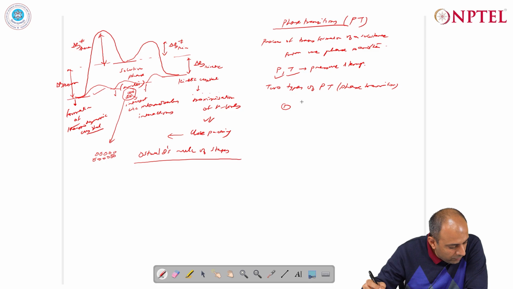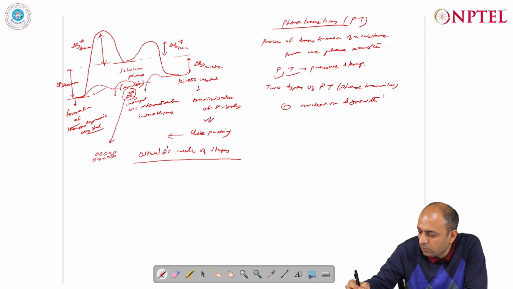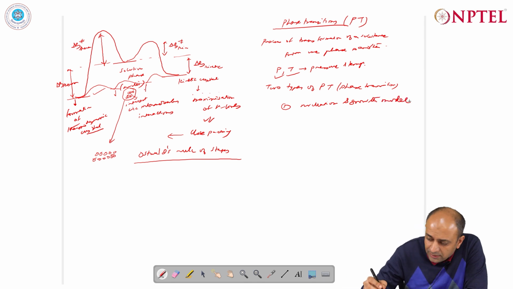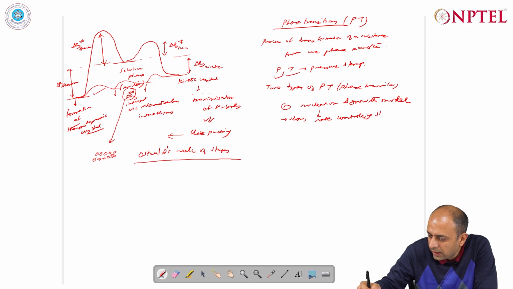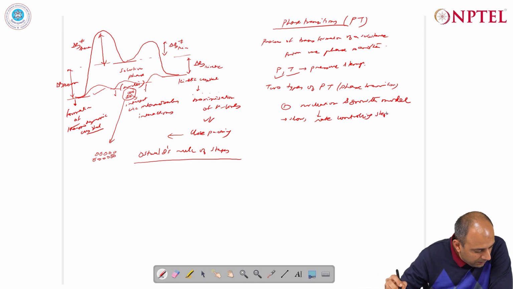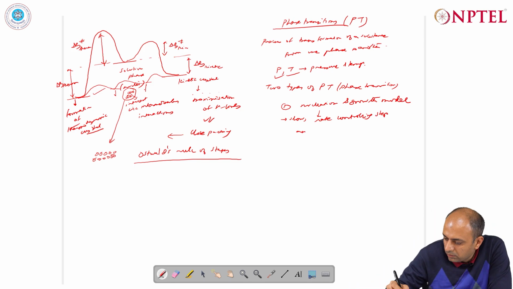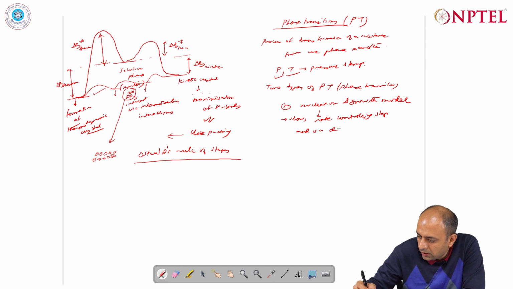Number one, we have the nucleation and growth model, and this is slow, and the nucleation step is the rate controlling step or the rate determining step, and is a difficult and slow step.